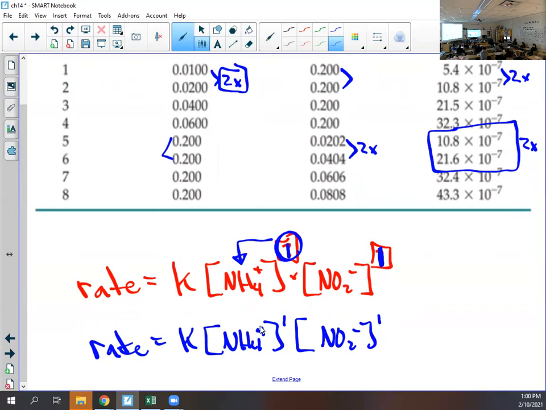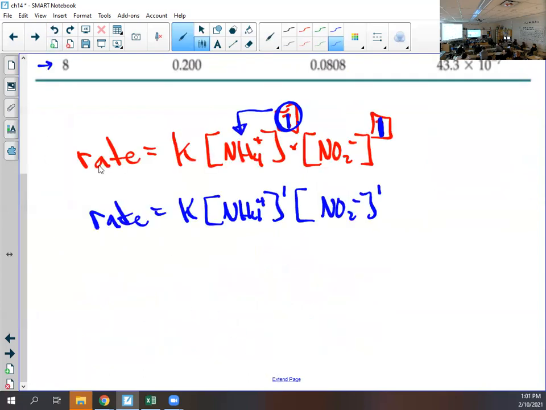What was the next goal? Do you remember? To find out what K is. All right. So to figure out what K is, I pick a row and plug everything in. So I might as well pick the first row. Actually, I'm not going to. I'm going to pick the bottom row because I need to scroll. So for the bottom row, I just put everything in.